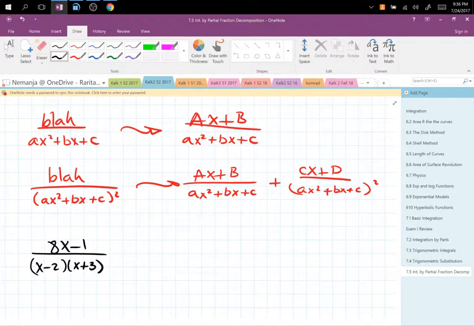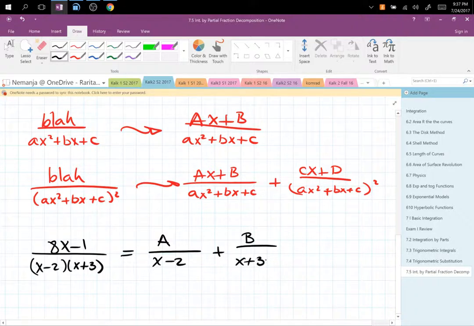In this case, it's factored, so it's easier. What do I have? I have two different factors in the denominator. They're both linear. Therefore, the setup that I'm using is linear. So x minus 2 will get a constant A, and the x plus 3 will get a constant B. And all I need to do is to figure out what A and B are.